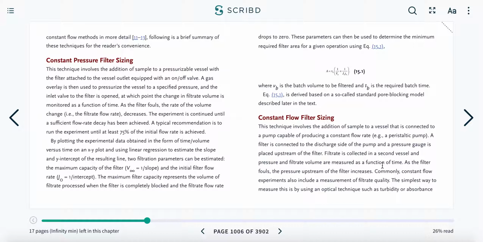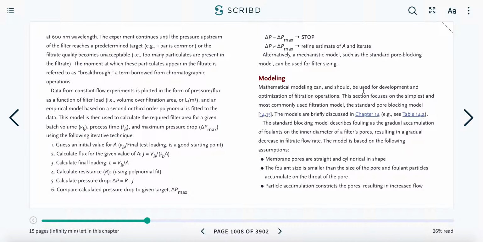Filtrate is collected in a second vessel and pressure and filtrate volume are measured as a function of time. As the filter fouls, the pressure upstream of the filter increases. Commonly, constant flow experiments also include a measurement of filtrate quality. The experiment continues until the pressure upstream of the filter reaches a predetermined target or the filtrate quality becomes unacceptable.